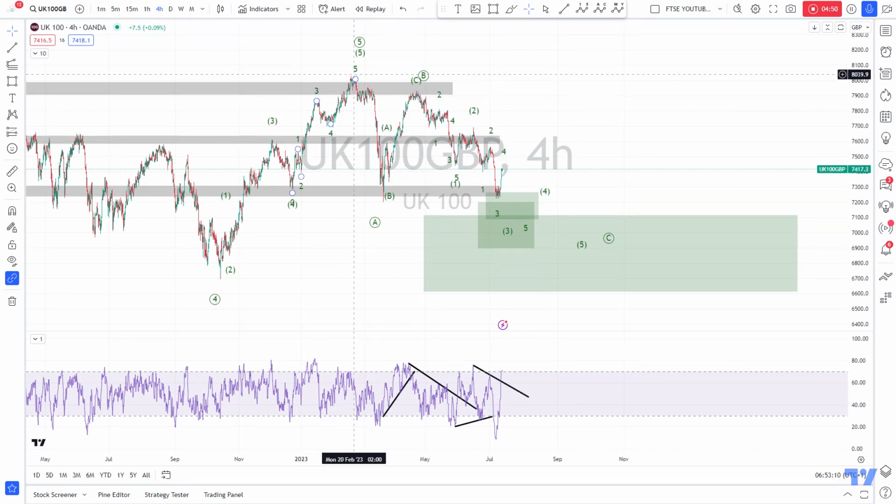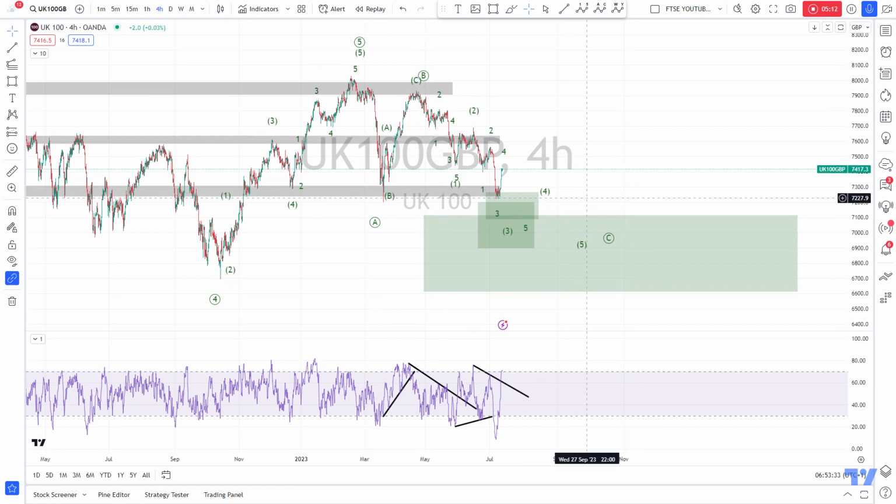I believe we could do a triangle here as a higher degree wave 4, A, B, C, D, E, and then up again. This was an alternative scenario to make one more high.